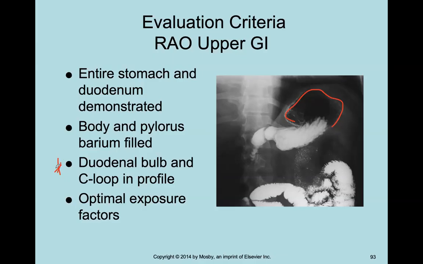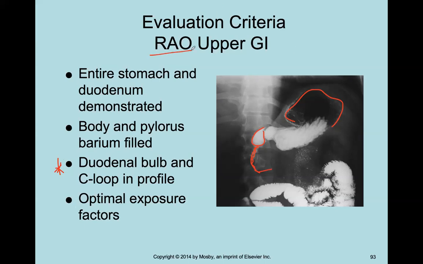What's best visualized is the duodenal bulb, that's this, and the C loop in profile. That's the duodenum, the C loop. So a question could be, when performing an upper GI, what position will best demonstrate the duodenal bulb in profile? Your answer is the RAO.